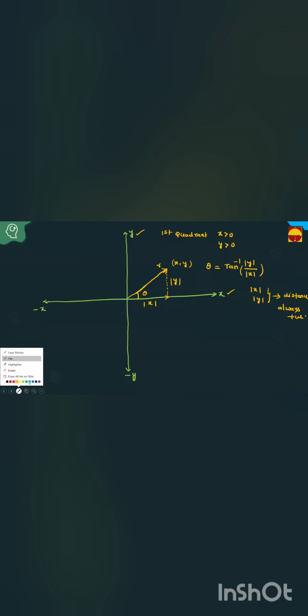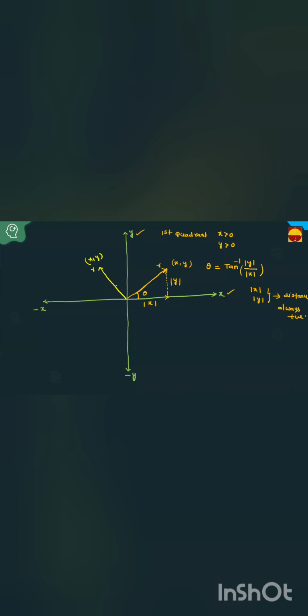Now, this is the first quadrant. Then how to calculate the angle theta in the second quadrant? Let this be the vector in the second quadrant, whose magnitude is also r in the xy coordinate system.